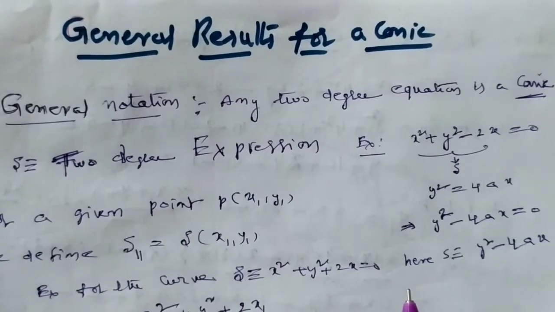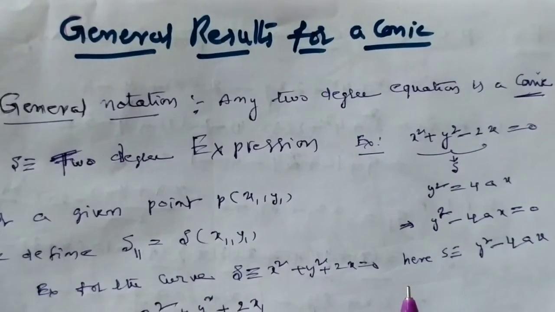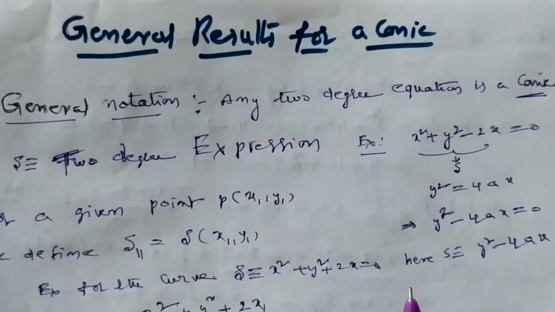So let us start. The first point is that any 2-degree equation is a conic.